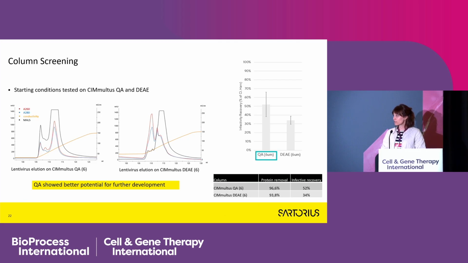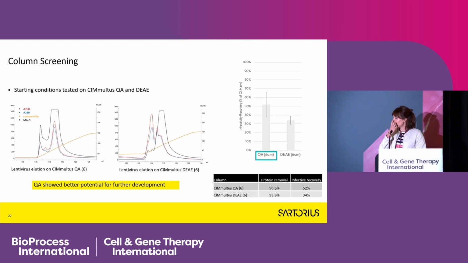In both cases, we started immediately with 6-micron channel diameter, because lentivirus is a very sensitive biomolecule, and with larger channel size we can have a very fast purification procedure.